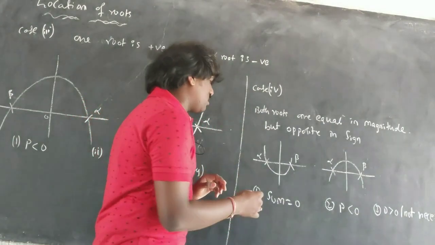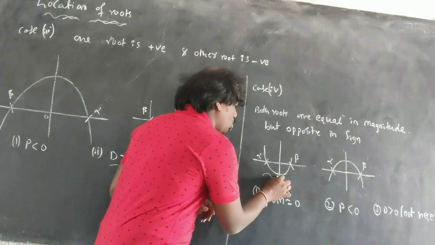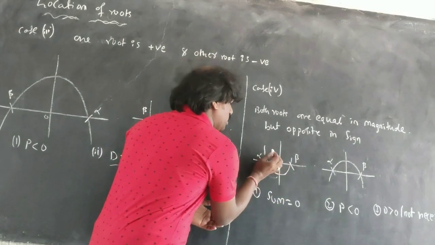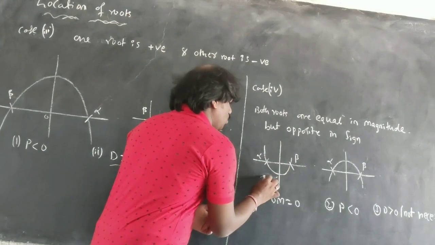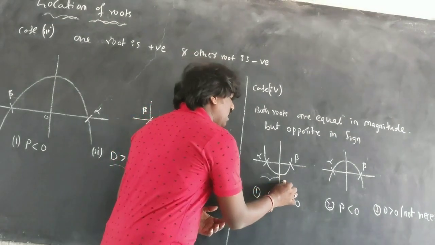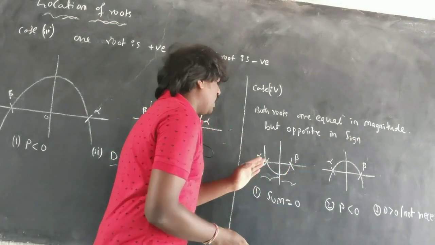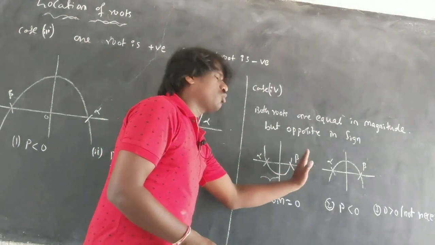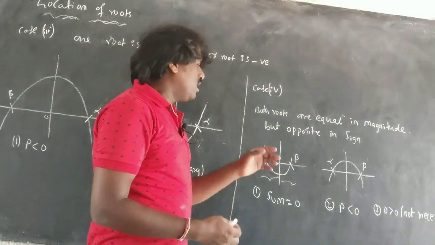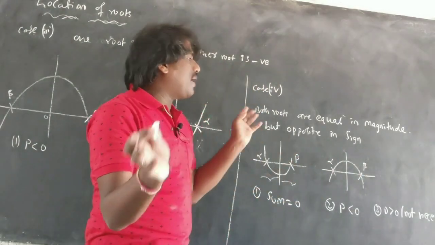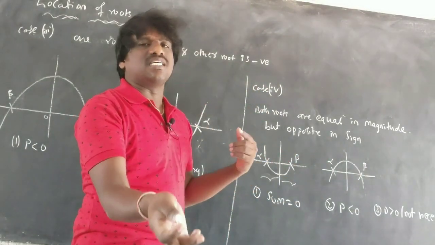What I want to say here is, if this root is 2 units away on the left side, then the other root is also 2 units away on the other side. If it is 5, this will be minus 5. If this is 2, this will be minus 2. If this is 3, then this will be minus 3, like that. Magnitude-wise the same, opposite in sign.